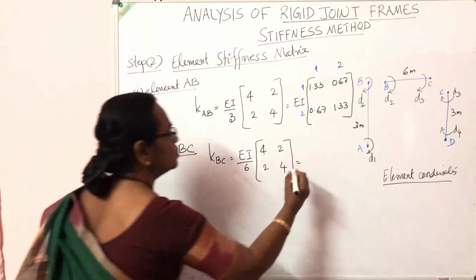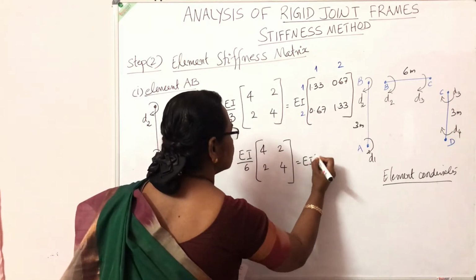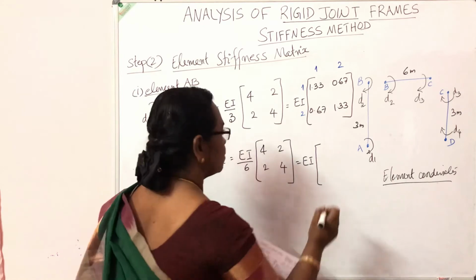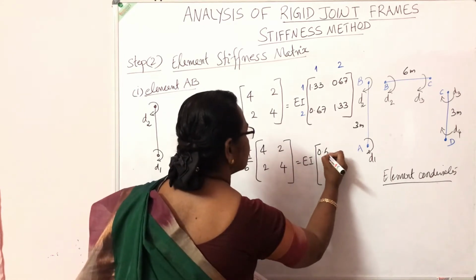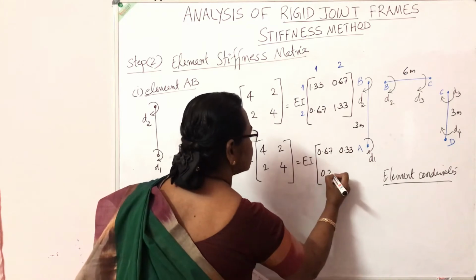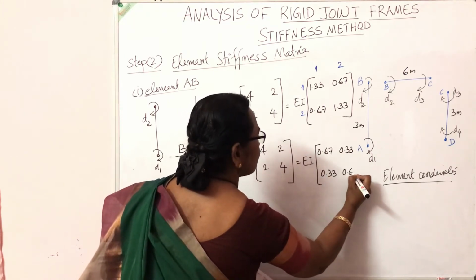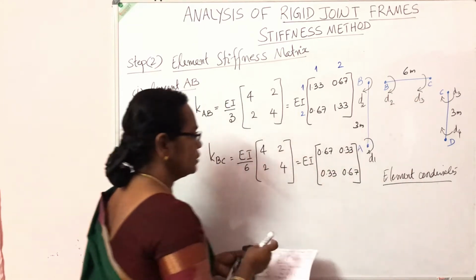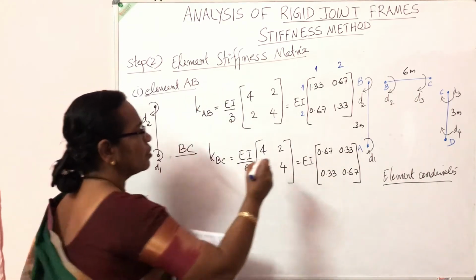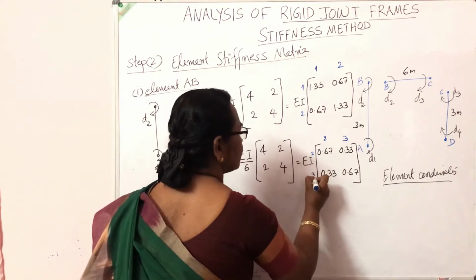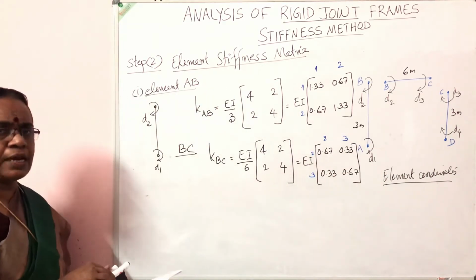So that is equal to EI into 4 by 6, which gives 0.67, 0.33, 0.33, 0.67. What are the coordinates? 2 and 3. For the second element, the coordinates are D2, D3. So write 2, 3 at the top as well as on the left.